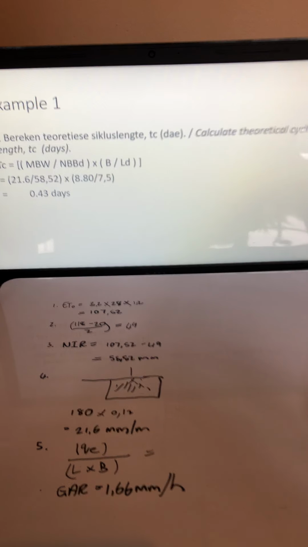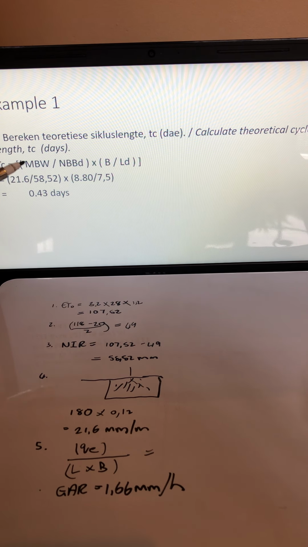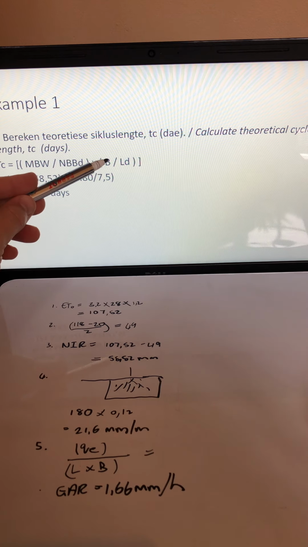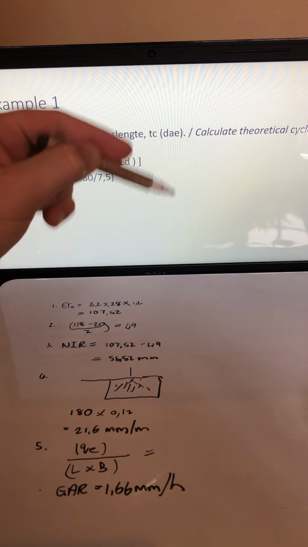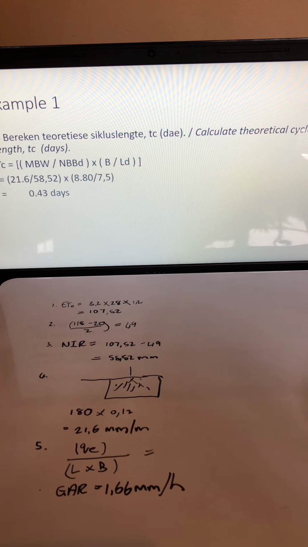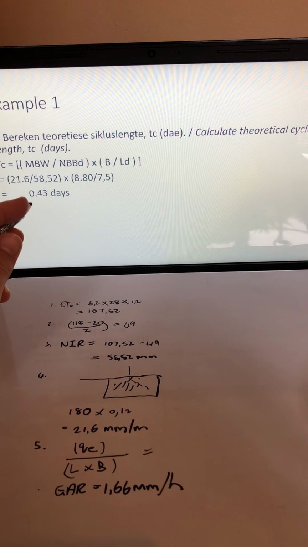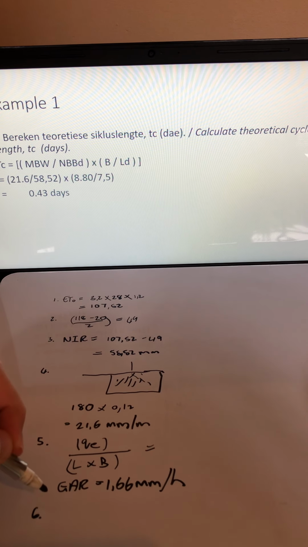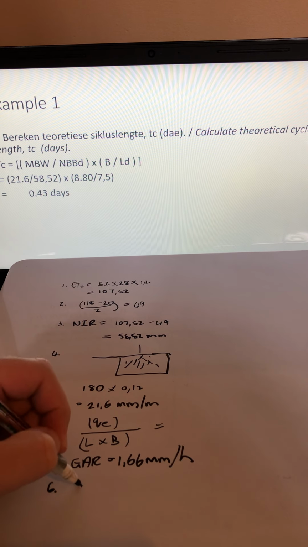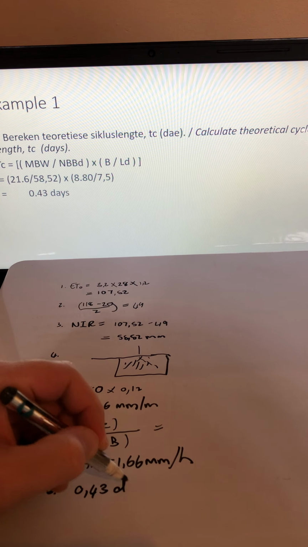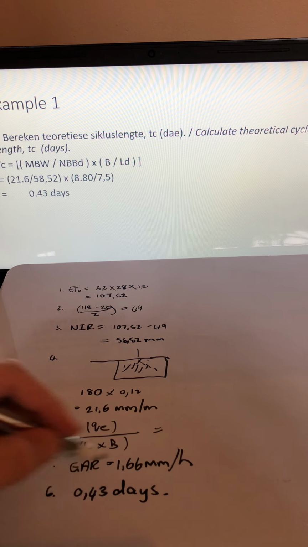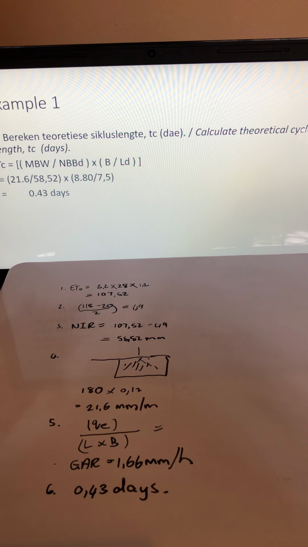And so the formula is the readily available water divided by the net irrigation requirement, multiplied by the wetted diameter and divided by the spacing. And so I think for this one you'll get the theoretical cycle length as 0.43 days. And I think this is maybe also a good way to explain practical cycle length.